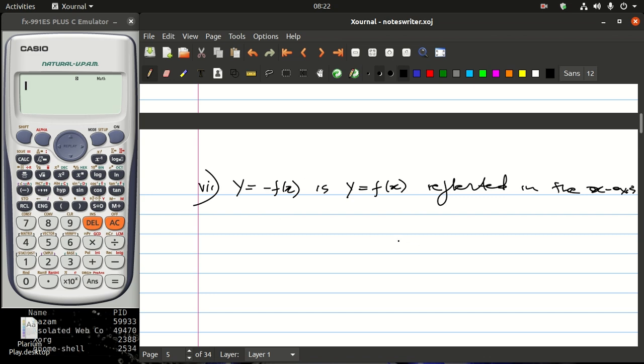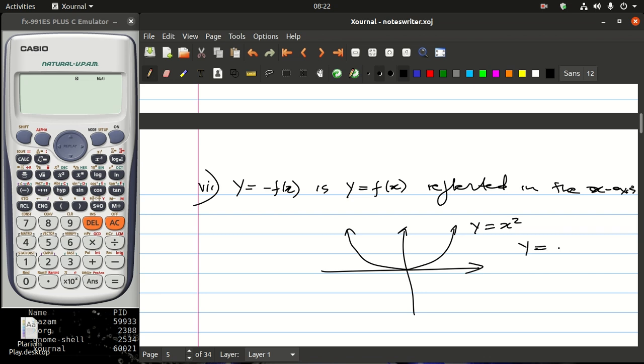Just to give you a quick example here, if you have a graph like this, and this is y is equal to x squared, and then you want to find y is equal to minus x squared, all you need to do is place your mirror here, and then when you stand here, this will start to look like this in the mirror. So this is going to be y is equal to minus x squared. And of course, that's how this thing is all about.